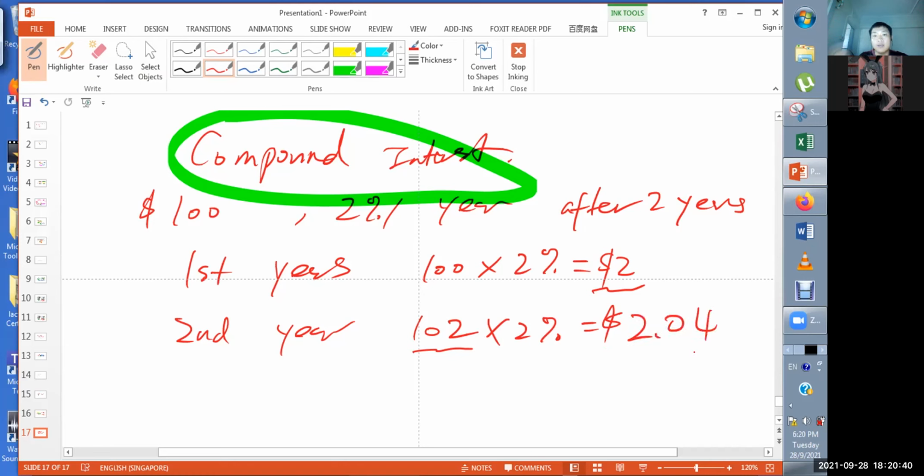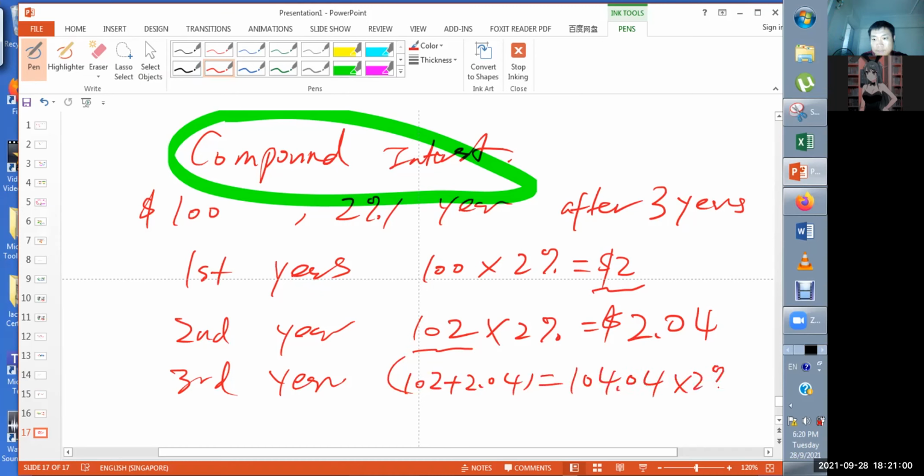$2.04. Good. Let me make it more interesting. Instead of 2 years, let's go for 3 years. Now the third year, you don't start with 102. You start with 102 plus 2.04, which is 104.04. You times 2%.